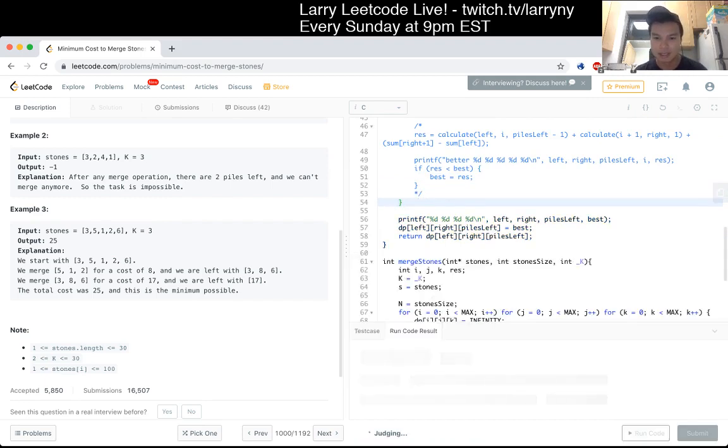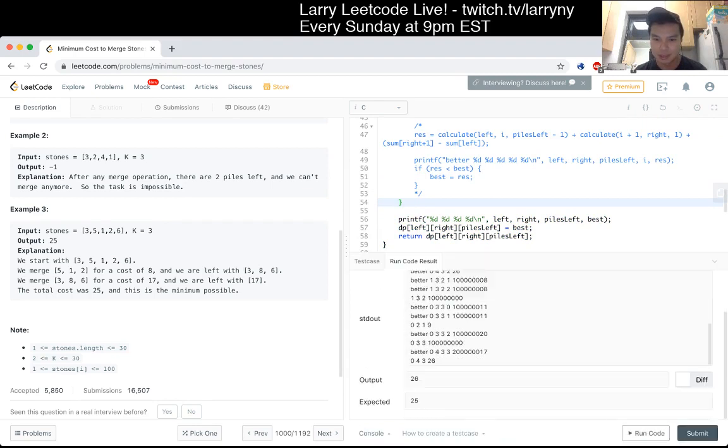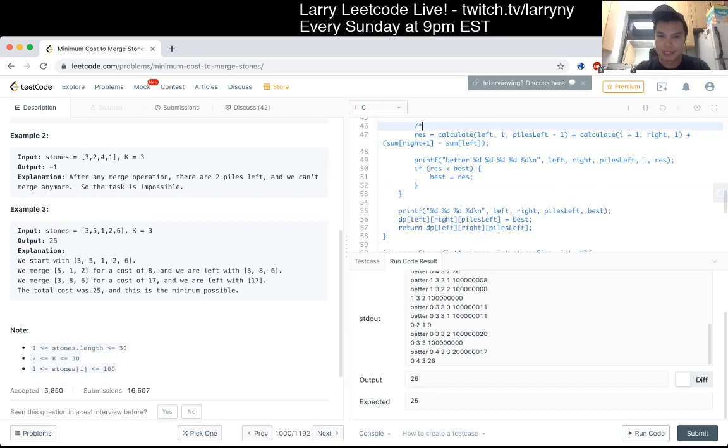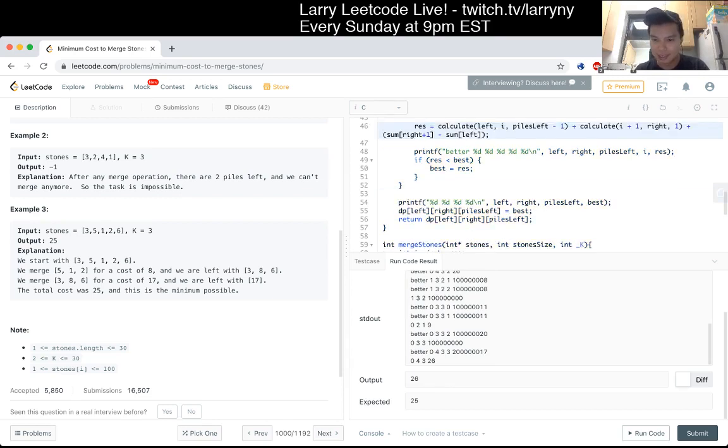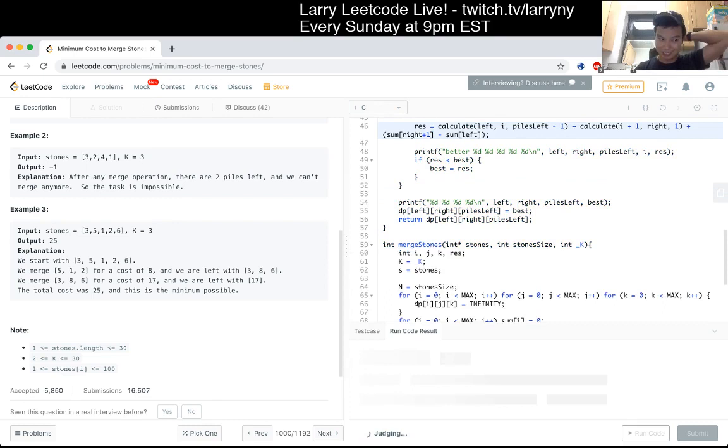So that means that it's not merging something, right? But I guess I didn't have that before. In that case, why is that giving me 26?